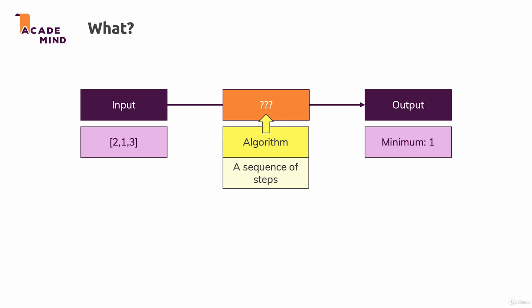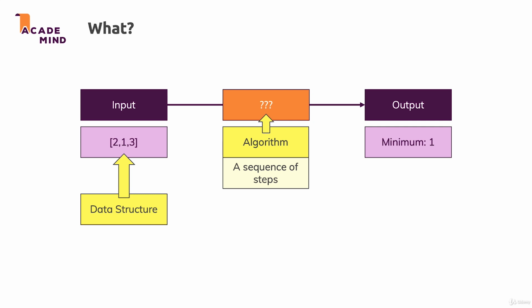That is what we would call an algorithm, that sequence of steps that gives us, for a given input, a certain desired output. And here we also see a data structure in action, by the way. This array is a data structure, of course one that is built into JavaScript and built into most programming languages actually, but still, it is a data structure. It's a piece of data which also follows certain rules.